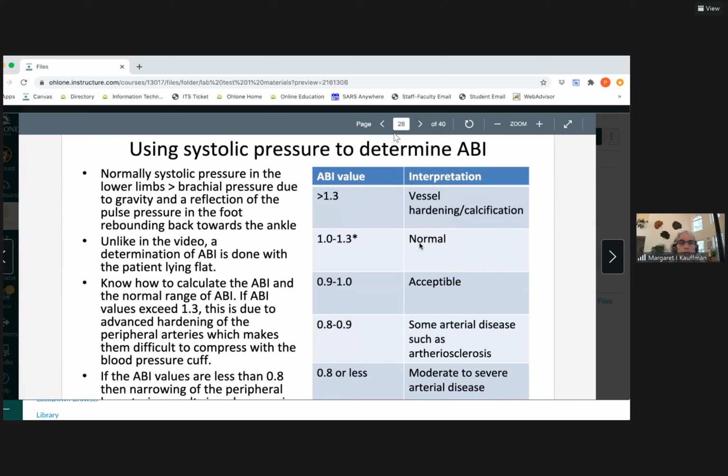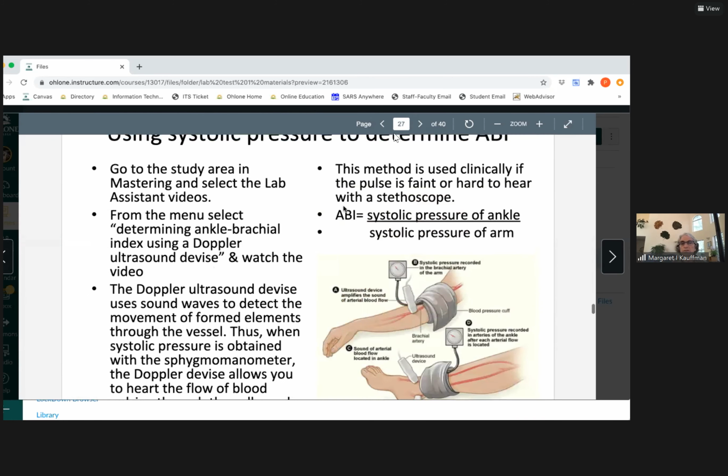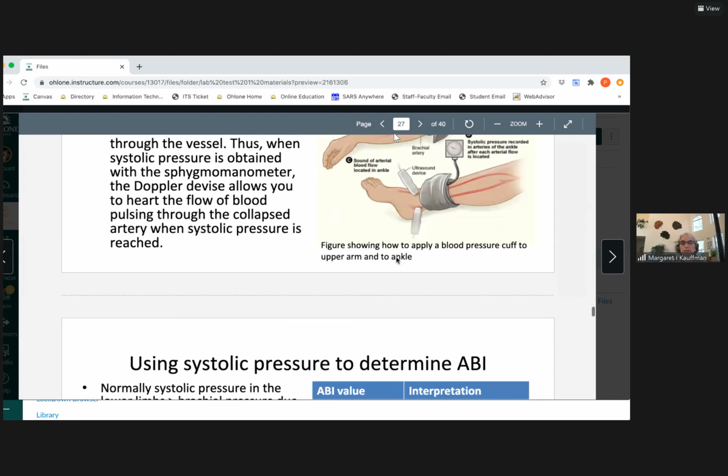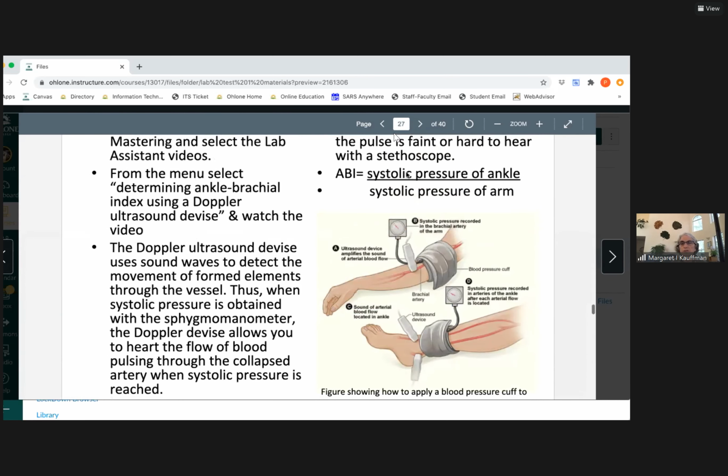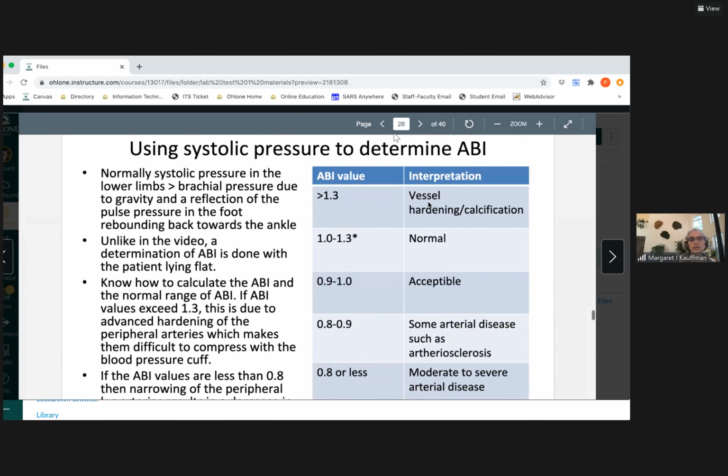Okay, so I wanted to talk about some of the reasons why you can have higher than normal blood pressure. This has been integrated into this formula here. They're using this formula where you have your systolic at your ankle and your systolic at your arm to look at reasons why you might have differences from normal.